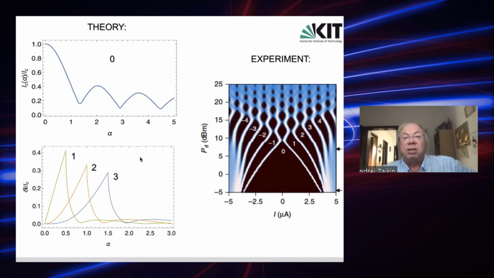gives exactly the same results as people observe in experiments claiming Majorana effects. Here in our model, there are no Majorana states from the very beginning. We simply didn't include any physics like this.